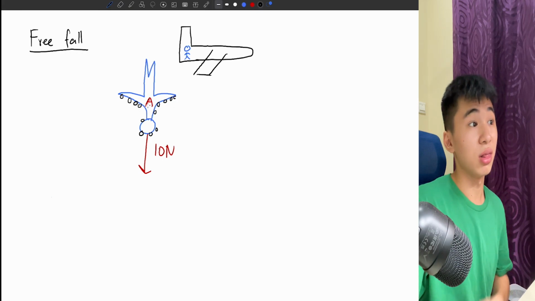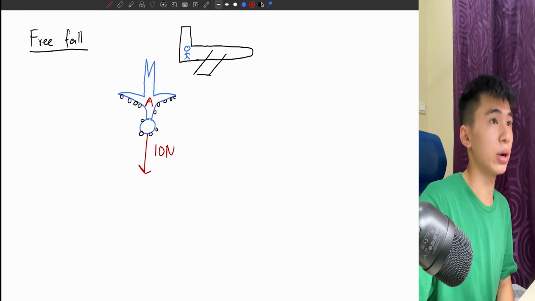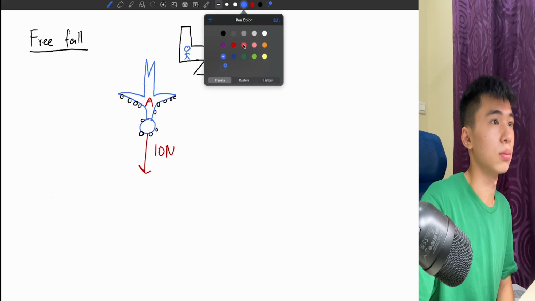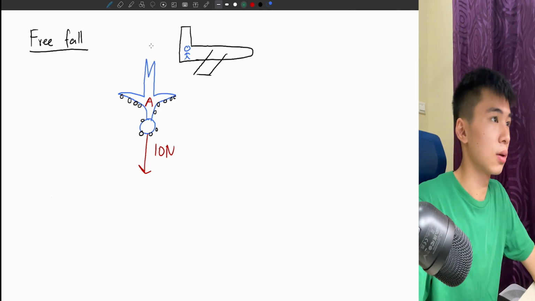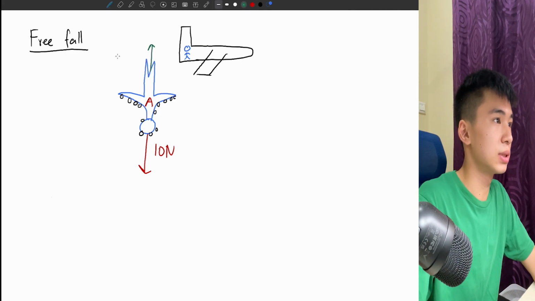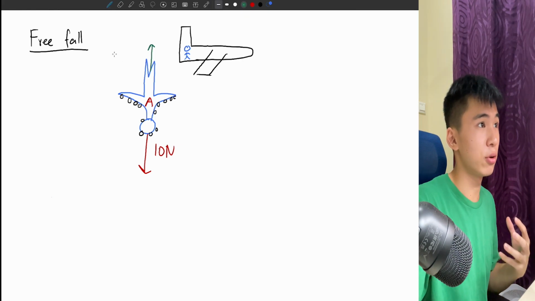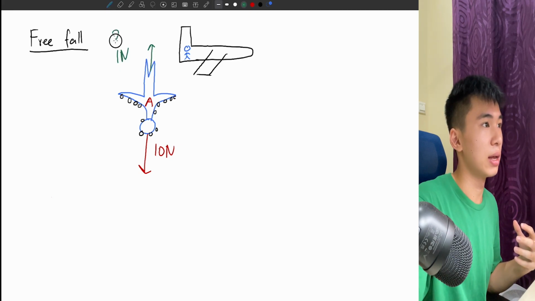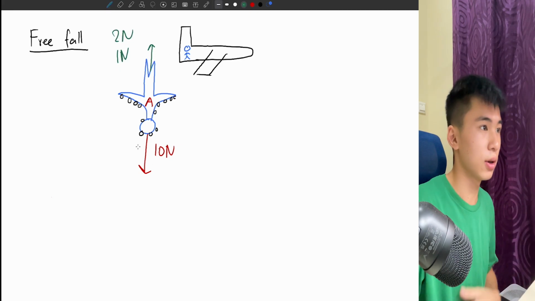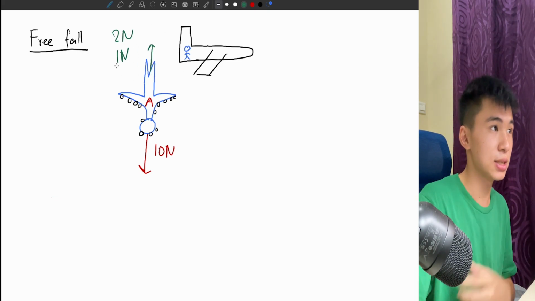If it collides with air molecules, it will increase in drag force as well. First, it will start from maybe 0, then slowly 0.5, then 1 newton, then 2 newtons, 3, 4, 5. So the drag force will slowly increase.